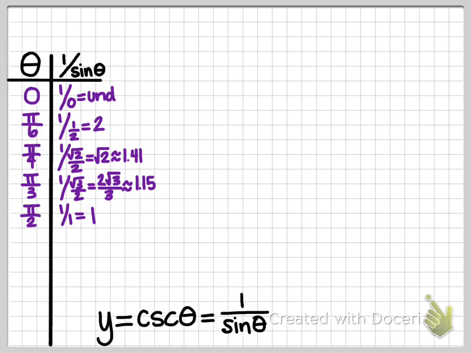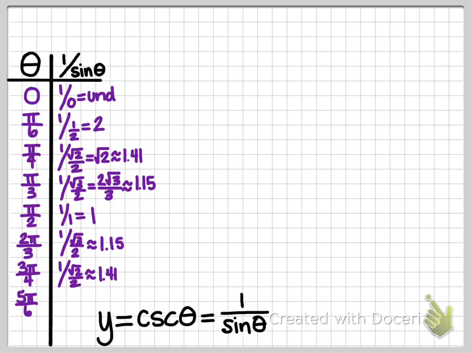Pi over 2, 1 divided by 1 is 1. 2 pi over 3, 1 divided by the square root of 3 over 2, which is approximately 1.15. 3 pi over 4, 1 divided by the square root of 2 over 2, which is about 1.41. 5 pi over 6, 1 divided by 1/2 will equal 2. And at pi, 1 divided by 0 is undefined.